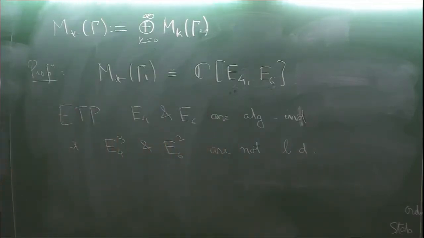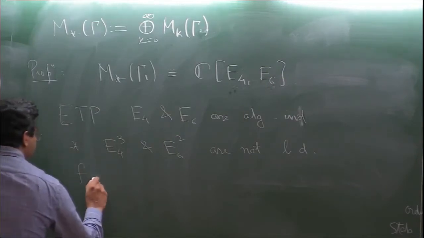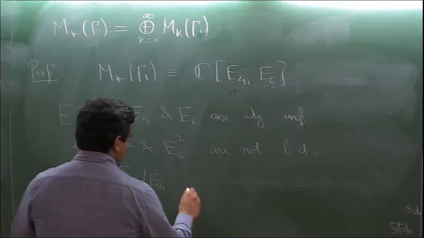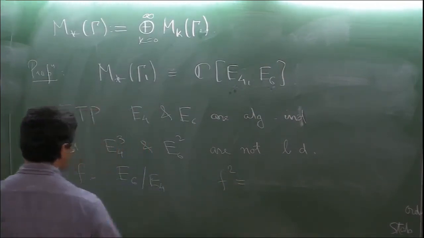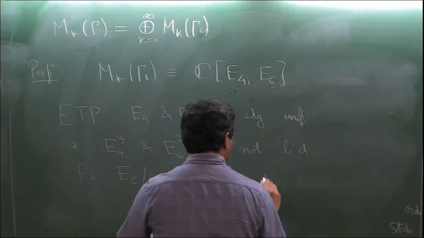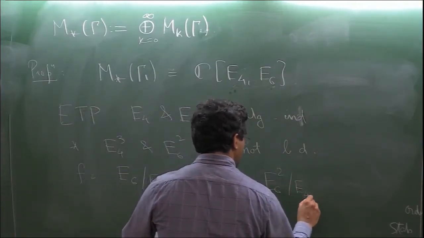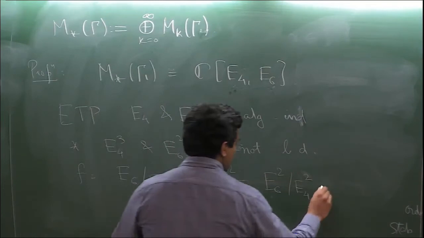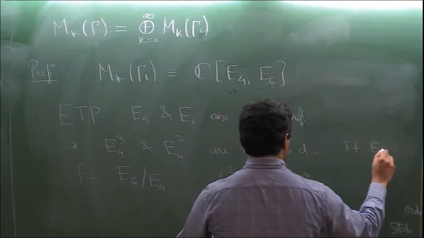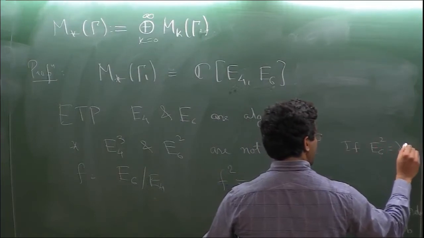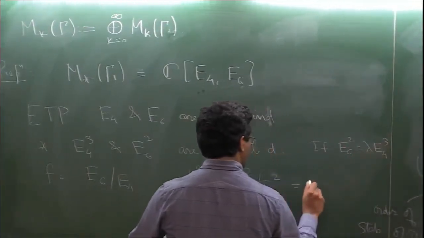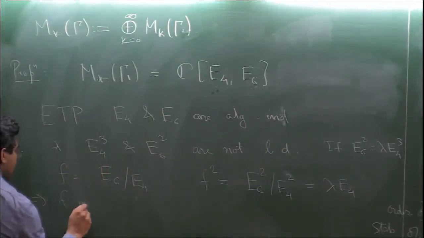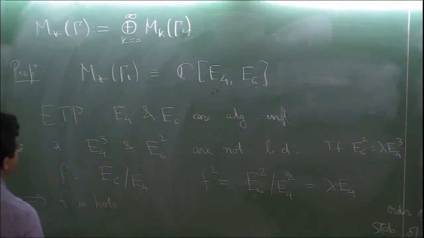Okay, and how do I show that? So I take f, which is E6 over E4, and then f squared has weight 2, right? So f squared is E6 squared over E4 squared. Now if E6 squared is lambda times E4 cubed, then I get lambda E4, which implies that f is holomorphic.